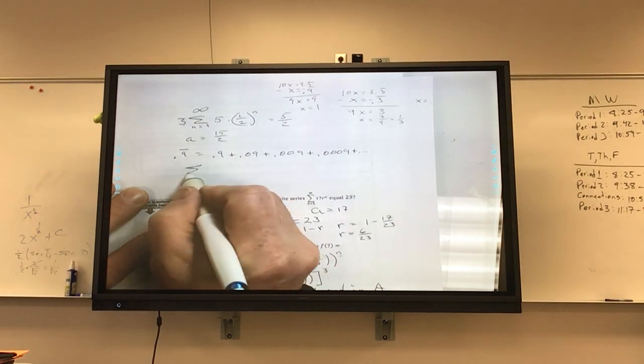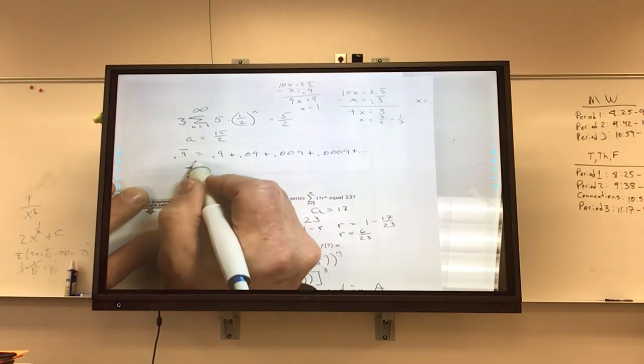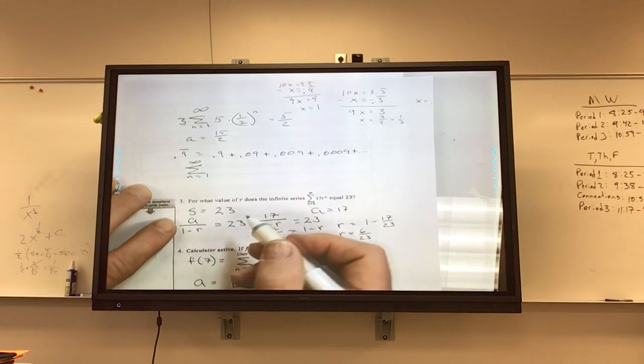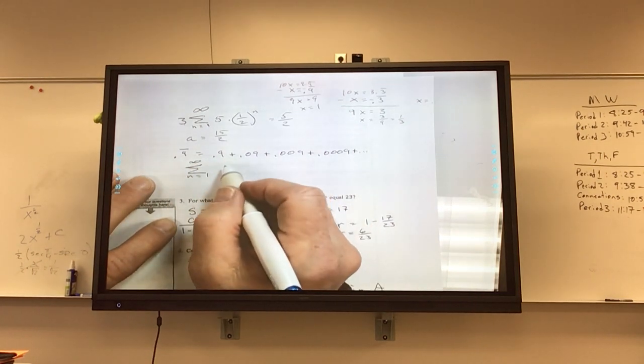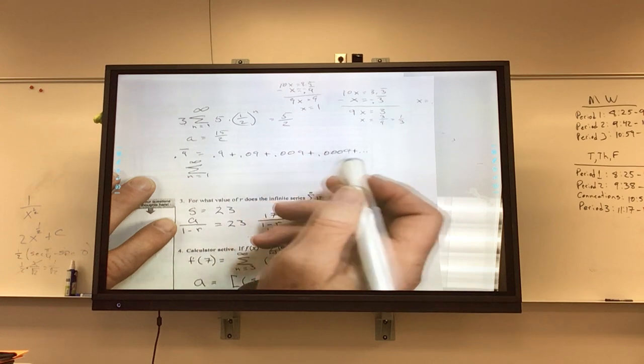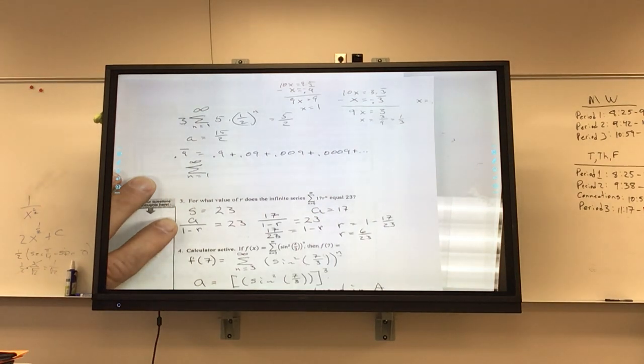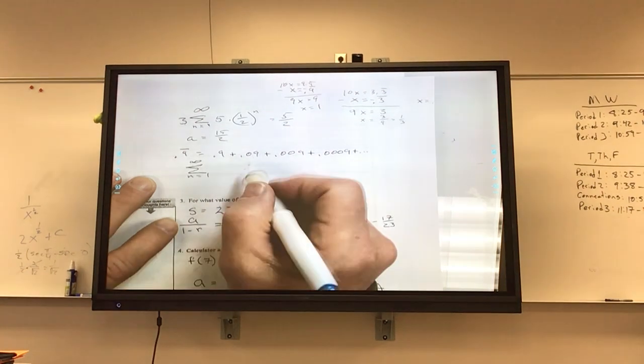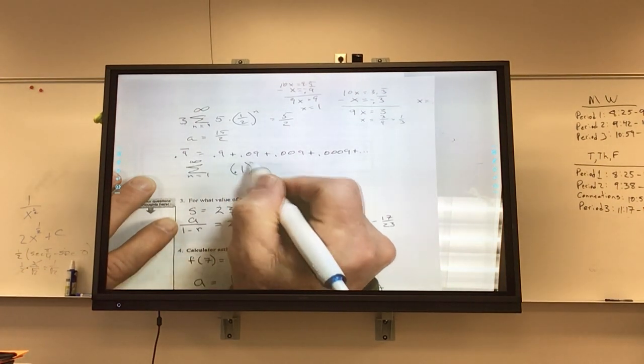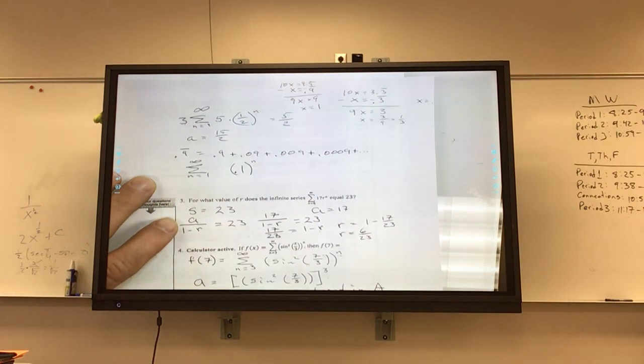And so I can say, hey, n equals 1 to infinity, and what am I multiplying by every single time? What causes me to move the decimal? 1/10, right? So 1/10 is my common ratio, correct?